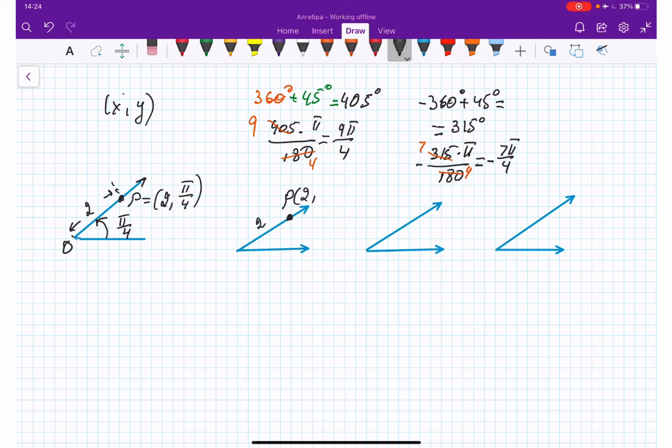Now let's say the angle goes this way, starting from 0, making a full circle, and coming this way. This piece I will do in green, because this is our 45 degrees, pi over 4. And the blue is our full 360 degrees.